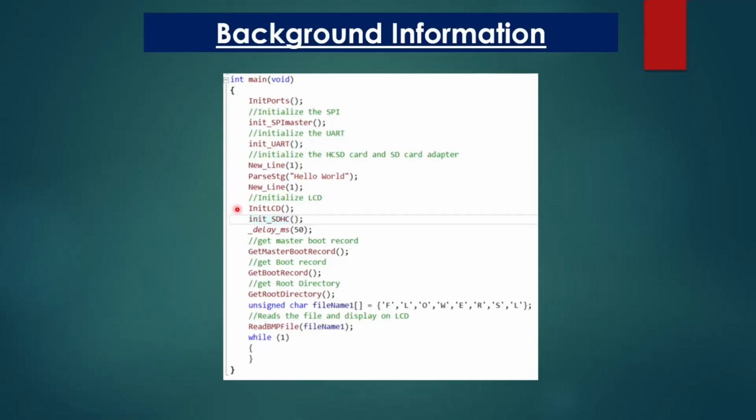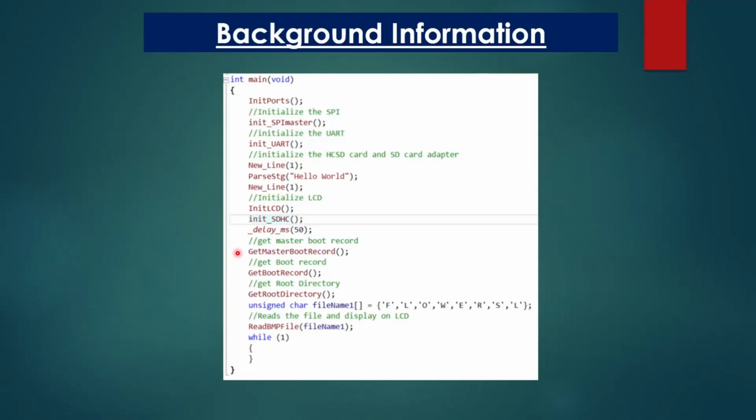Then we're going to render our picture on an LCD, which is going to be 240 by 320 of resolution. So we need to initialize the LCD. Next, we initialize our SDHC because we're going to get information from the HCSD card.